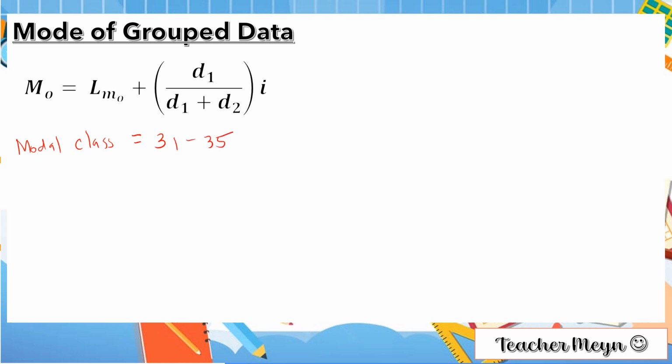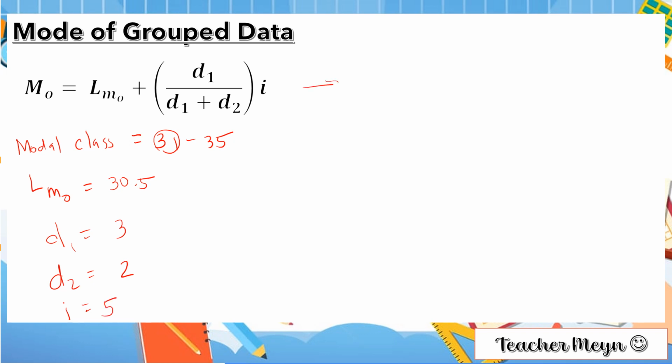The lower limit of the modal class, we subtract 0.5, so it becomes 30.5. Earlier we computed D sub 1, which is 3, and D sub 2, which is 2. The class interval, we know, is 5.